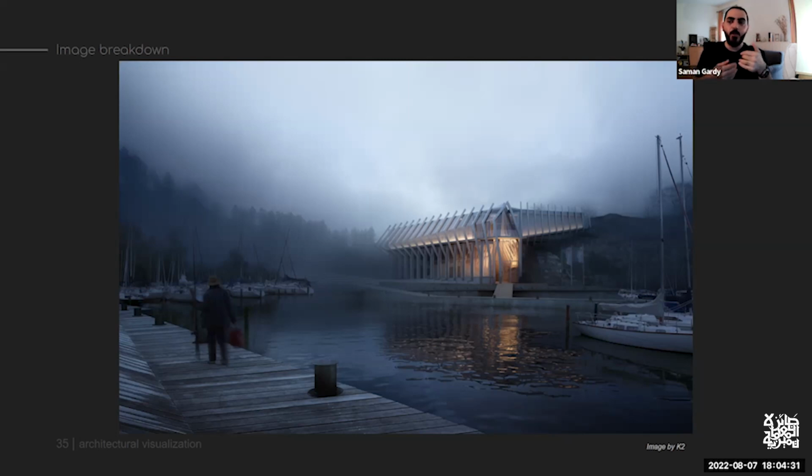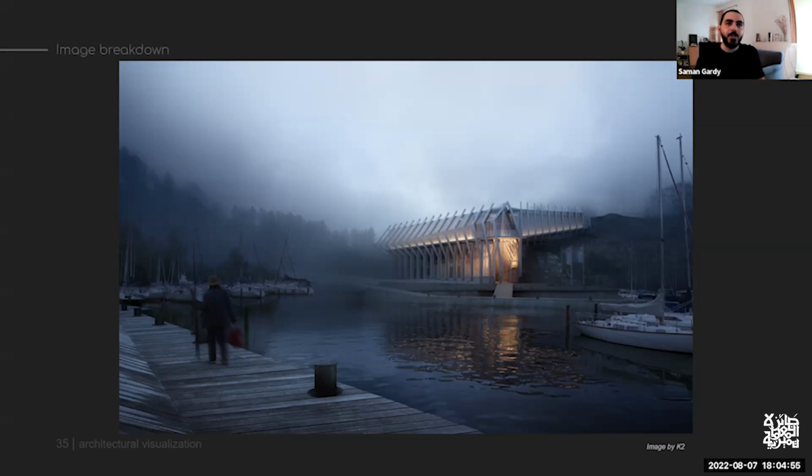Sometimes even we discuss at the studio, sometimes it's not the design who wins, it's the visualization who wins, because it attracts you. It's a marketing material. Okay, you are not marketing for gaining money, but you are marketing your project to the jury. That's why having a strong visualization is so important.